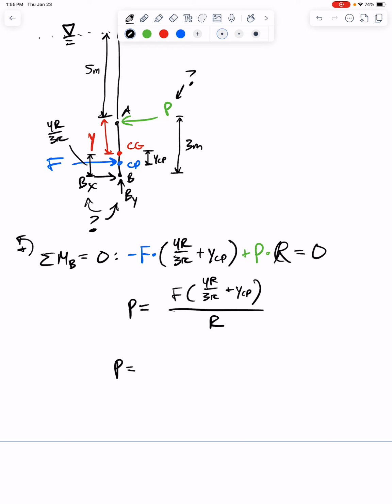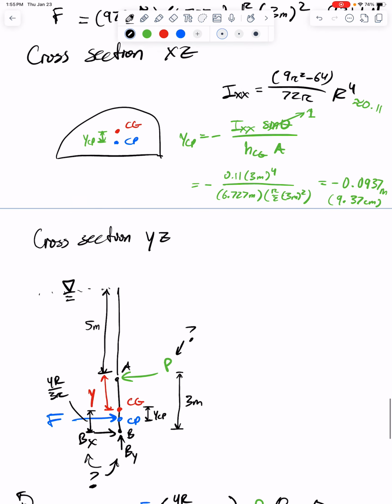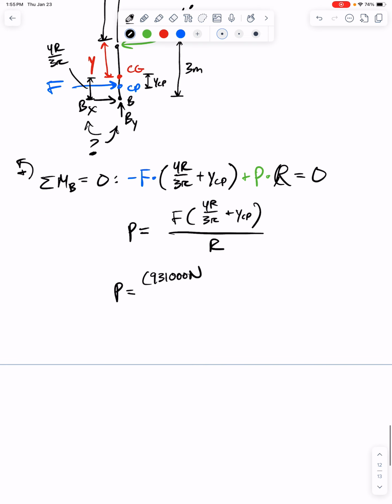Substituting these values in, I have 931,000 newtons, I believe, times (4 times 3 meters divided by 3π minus 0.0937 meters) divided by 3 meters.